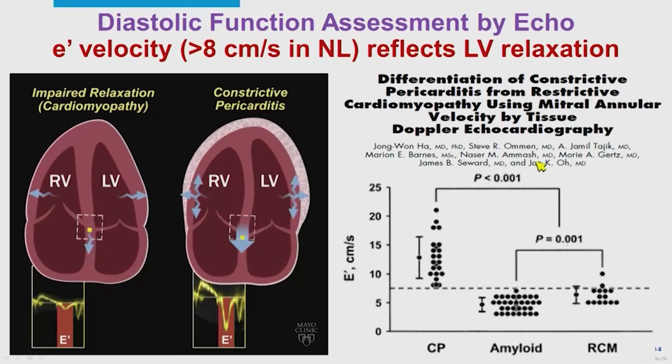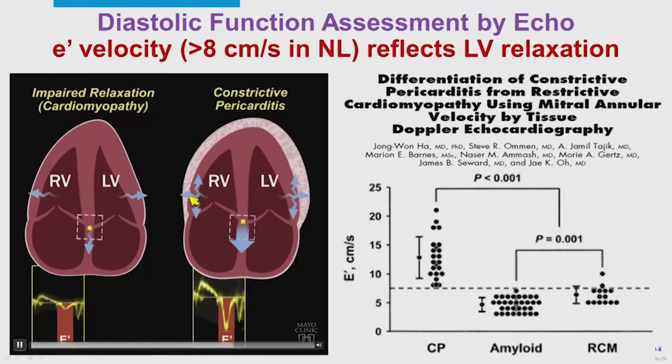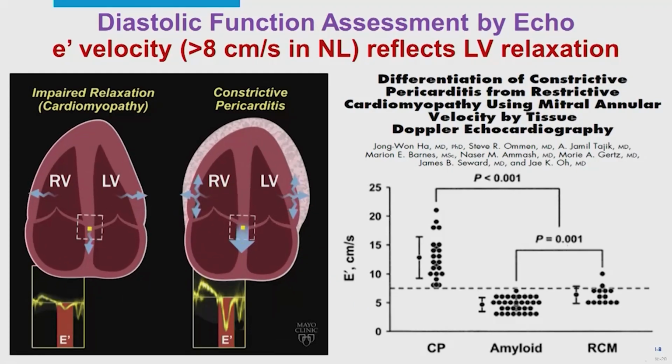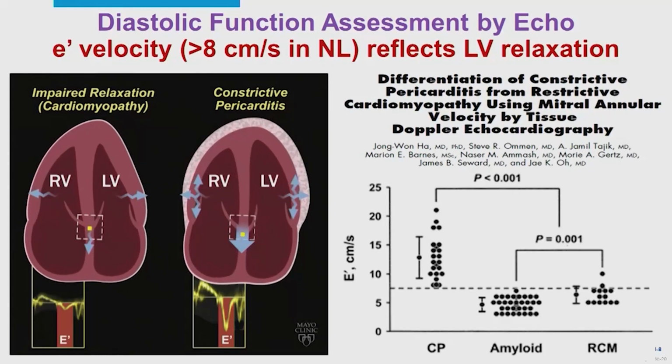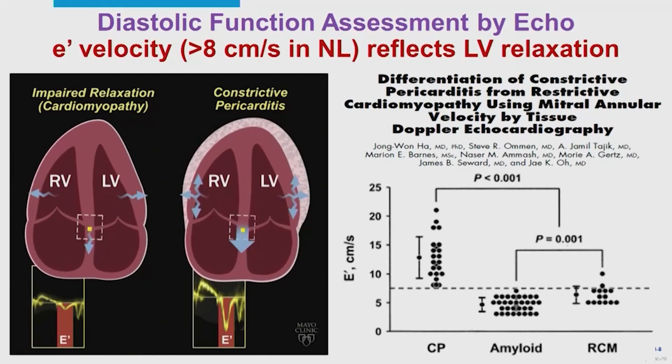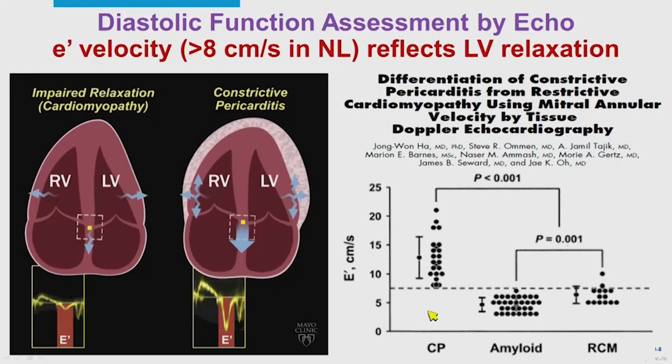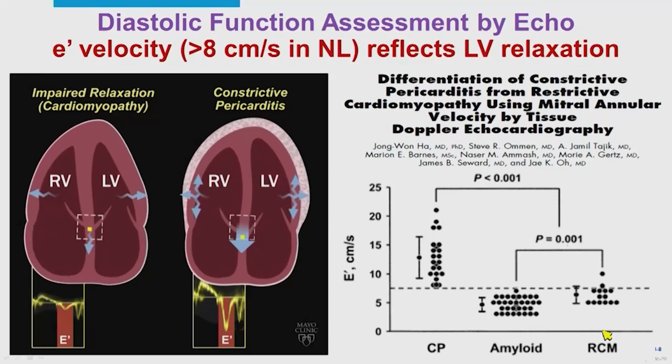So this is the data that we put together, although this initial observation was made by Dr. Mario Garcia when he was at Cleveland Clinic, and he's now at the Einstein in New York. We looked at this parameter in constriction, cardiac amyloid, and restrictive cardiomyopathy.